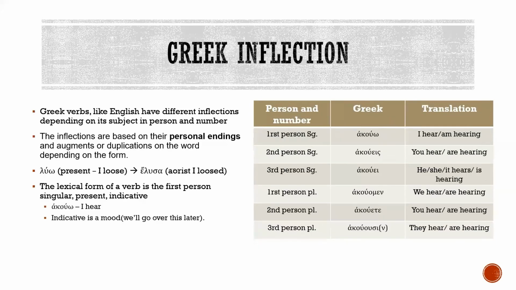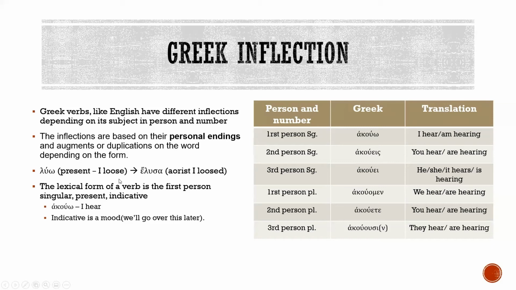Shifting gears from aspects, Greek verbs have different inflections depending on the subject's person and number, like English, except more in depth. The chart shown to the right is presented for reference, using the verb akuo, or I hear. There are also inflections based on the aspect, form or tense of the word, such as the present form luo, or I loose.